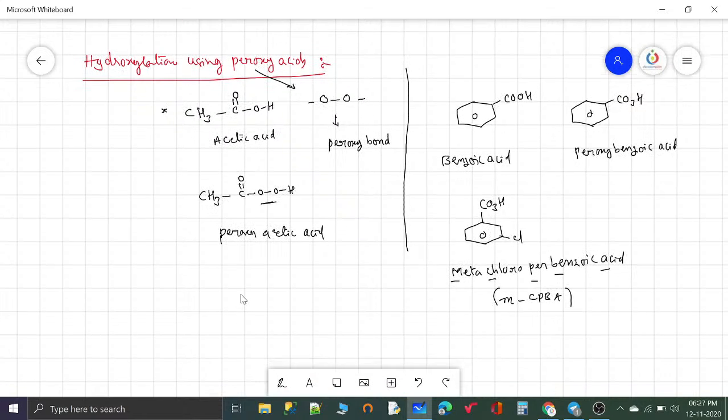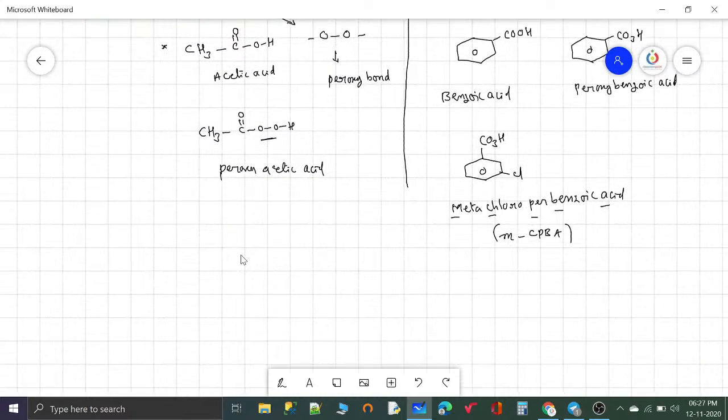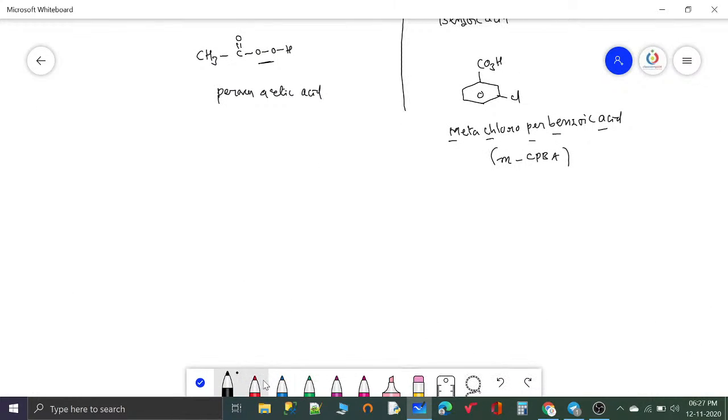What is the use of these reagents and of this particular reaction? It is very simple: you take any alkene molecule and subject it to any of these peroxycarboxylic acids, then you will get the epoxide.